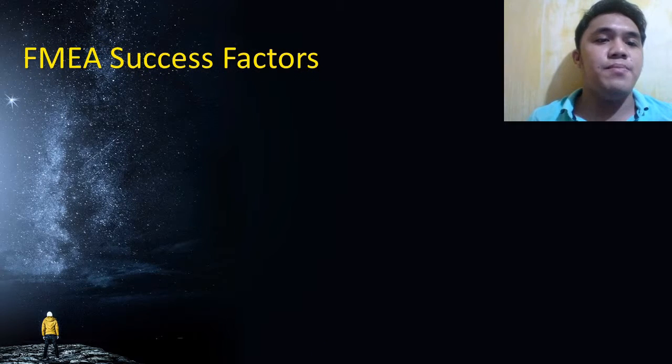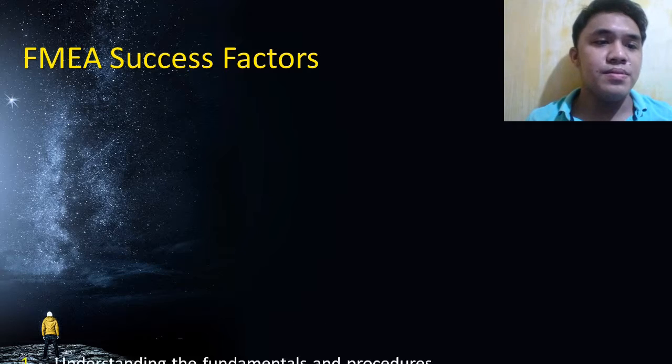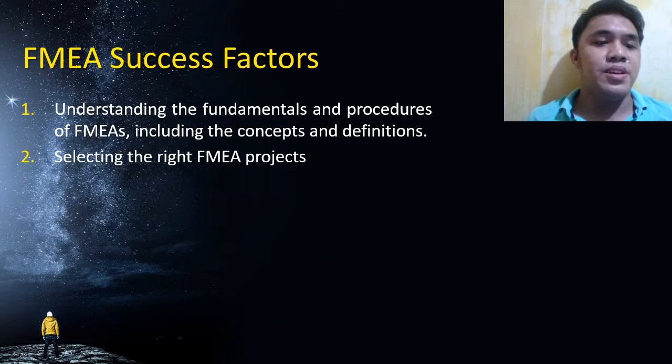What are the FMEA success factors? There are 6 broad success factors that are critical to uniformity of success in the application of FMEA in any company. Number 1 is understanding the fundamentals and procedures of FMEA, including the concepts and definitions. Selecting the right FMEA projects.